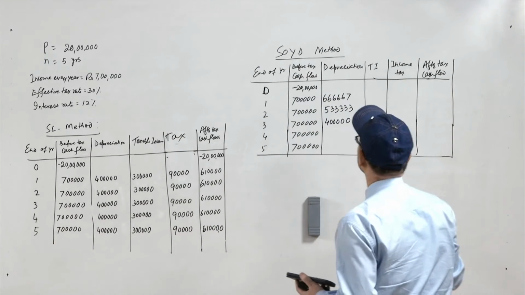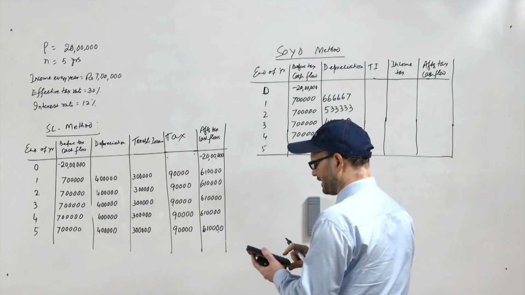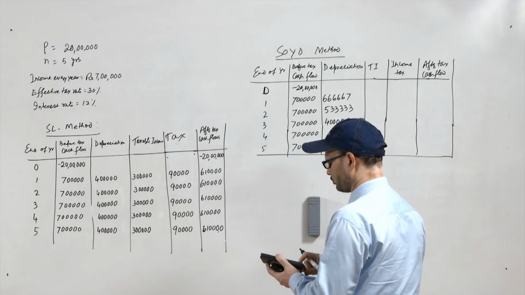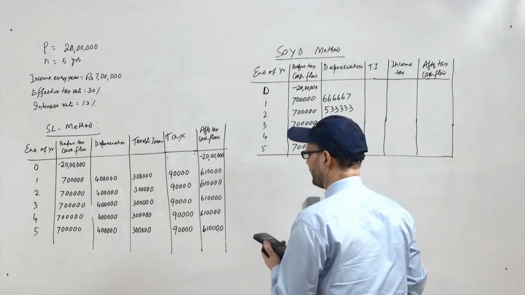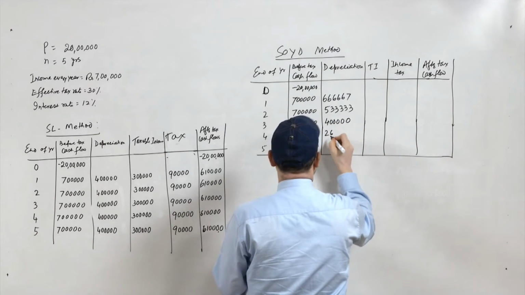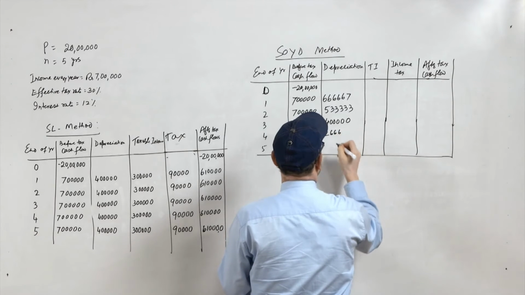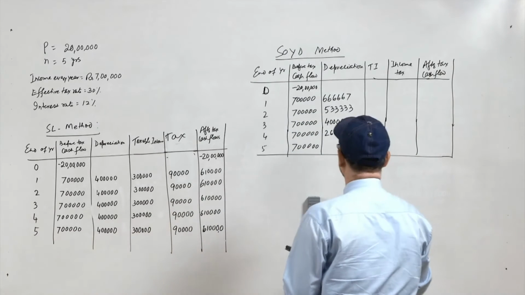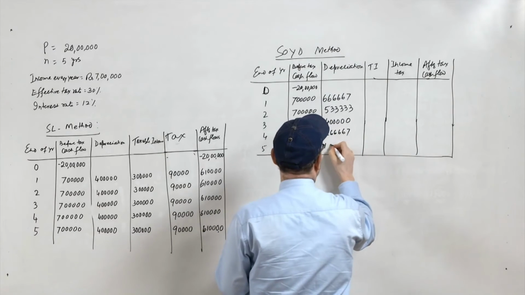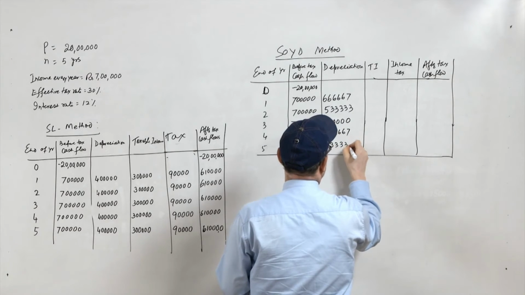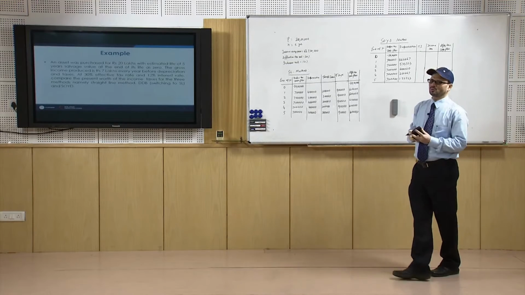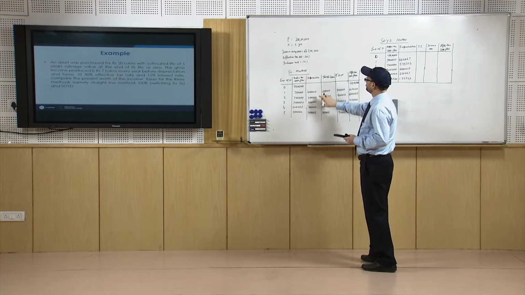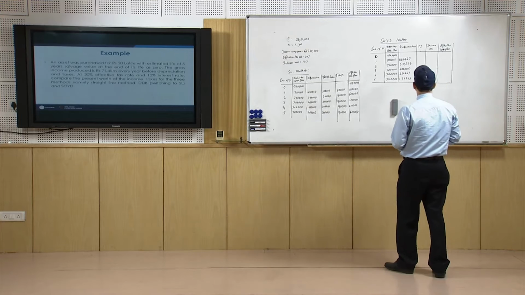Next is 2 by 15 into 20 lakhs, which is 2,66,667, and in the end it will be 1,33,333. This is how the depreciation changes compared to the straight line method.